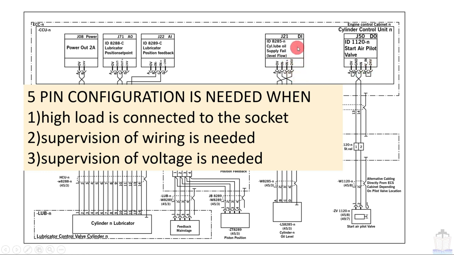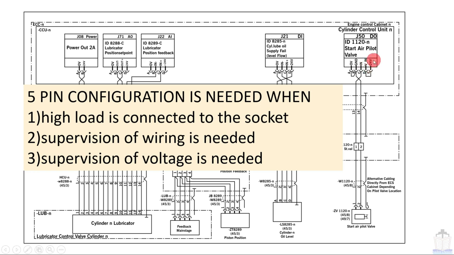Here you can see that 24 volt is coming straight from this channel, but here 24 volt is coming from the outside. That means this channel is programmed in such a way that, for example, if voltage goes below 20, then you stop giving supply to this starter pilot valve. Got my point?